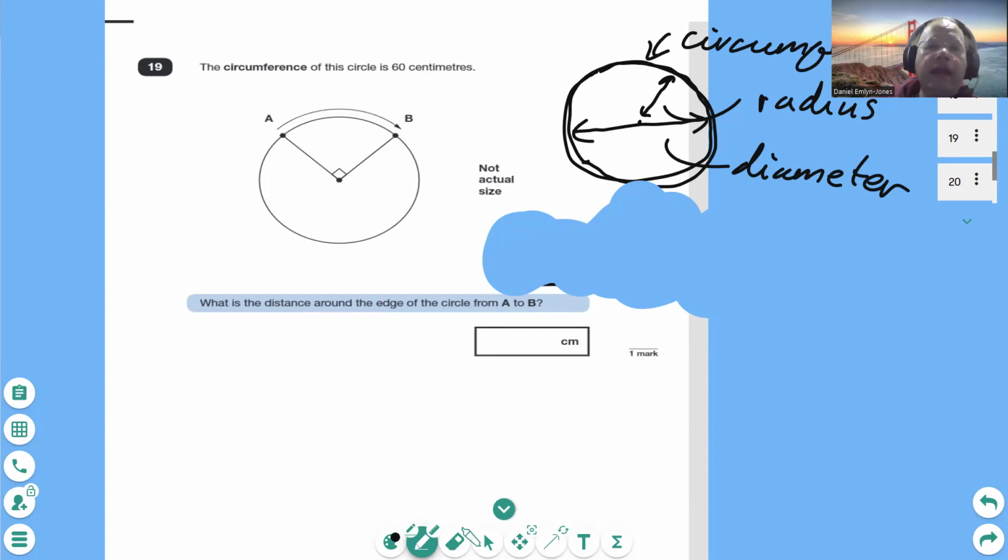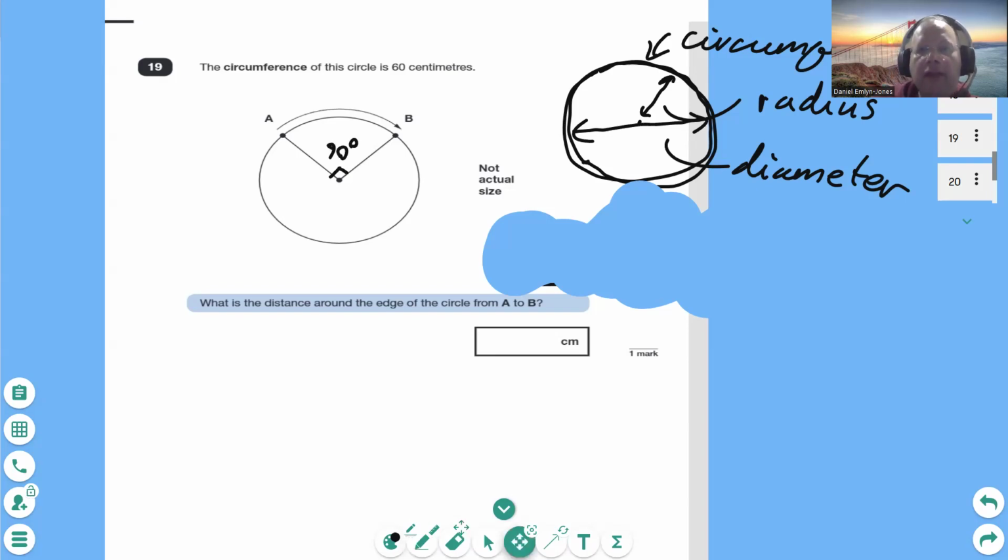So we know what the circumference is. What is the distance around the edge of the circle from A to B? How am I supposed to know that? But there are always clues, and we have to look for the little clues, don't we? The clue is, what fraction of the circle is this? Well, here we have 90 degrees.